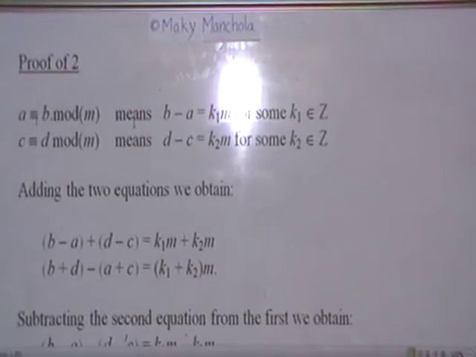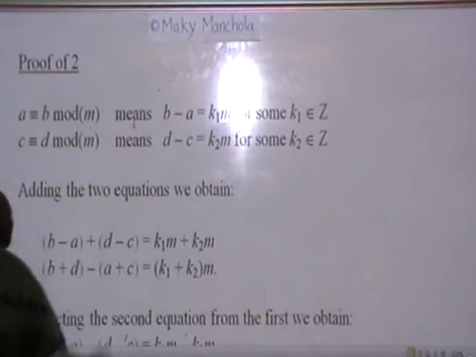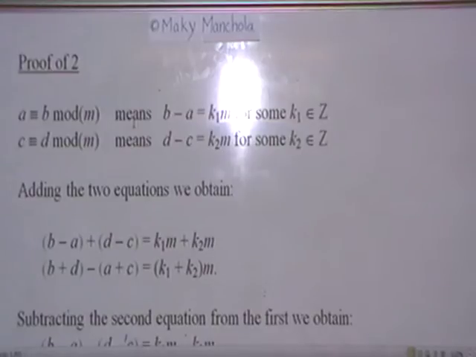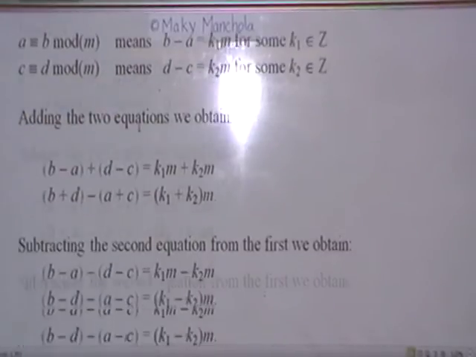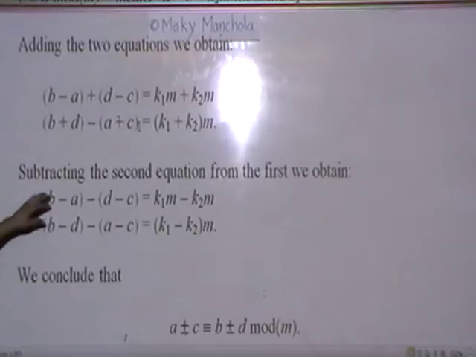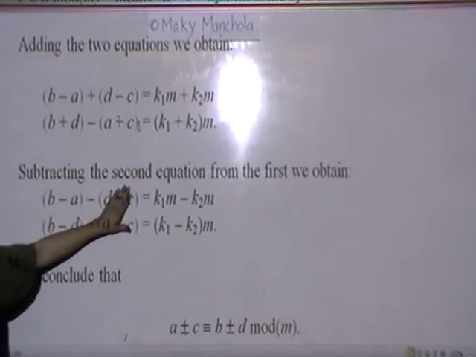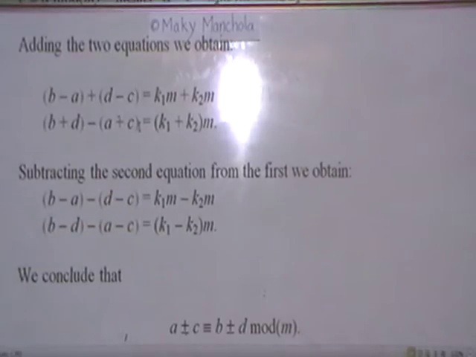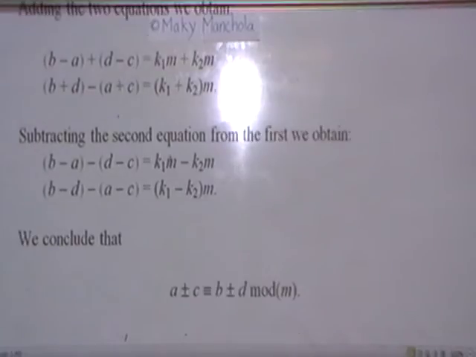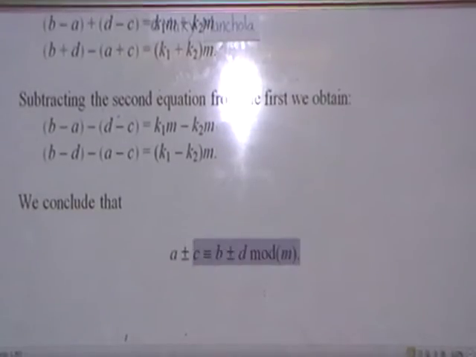So here's a summary of what went on in our proof of 2. We wrote the meaning of each of the hypotheses by the definition. We did the case of adding the two equations to obtain the first one of the properties, and we also did the case of subtracting the second equation from the first one to get the second property that's summarized right there.